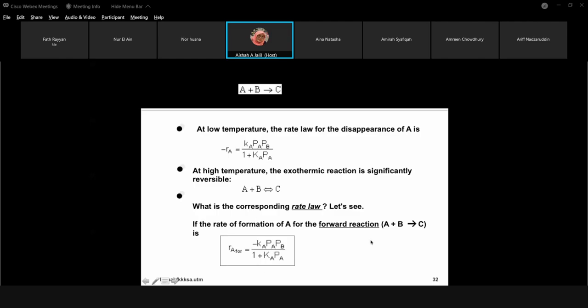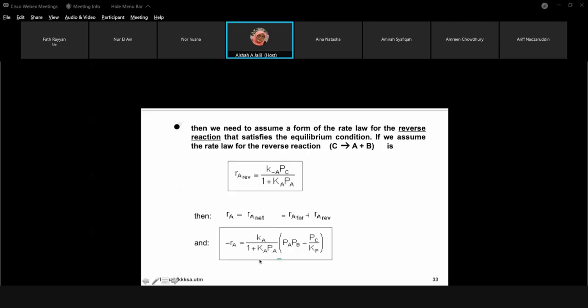This is the right one is like this, so the reverse one becomes like this, right? C to A and B, so the right one becomes like this. Why? If you can realize, you can see all of this is same.